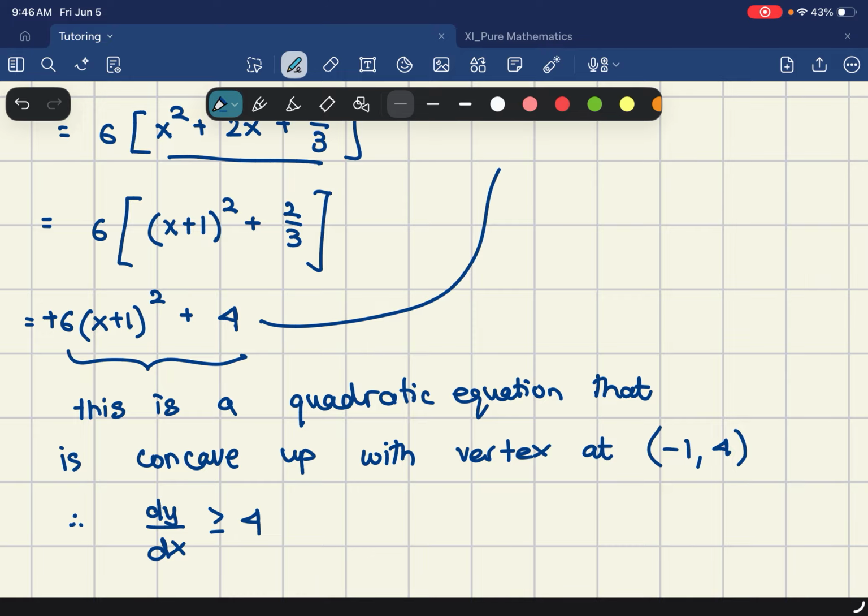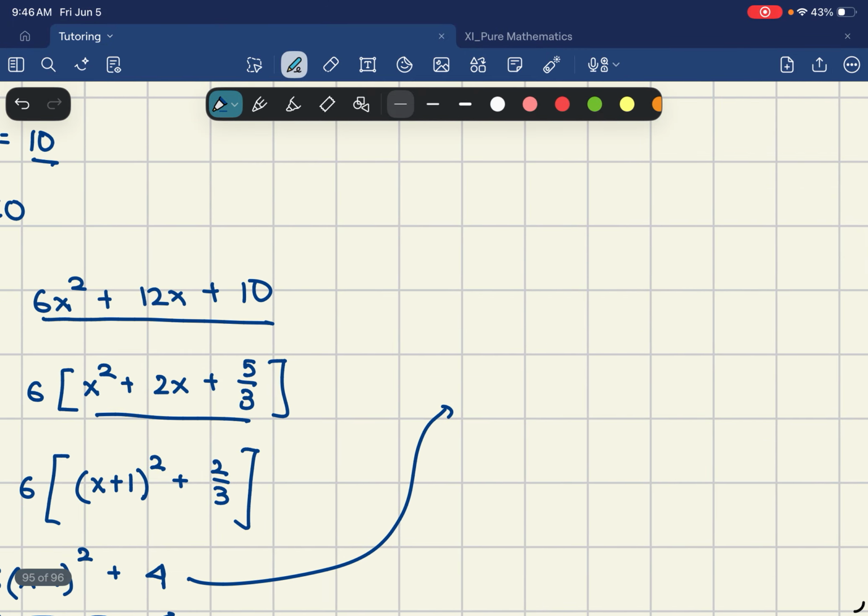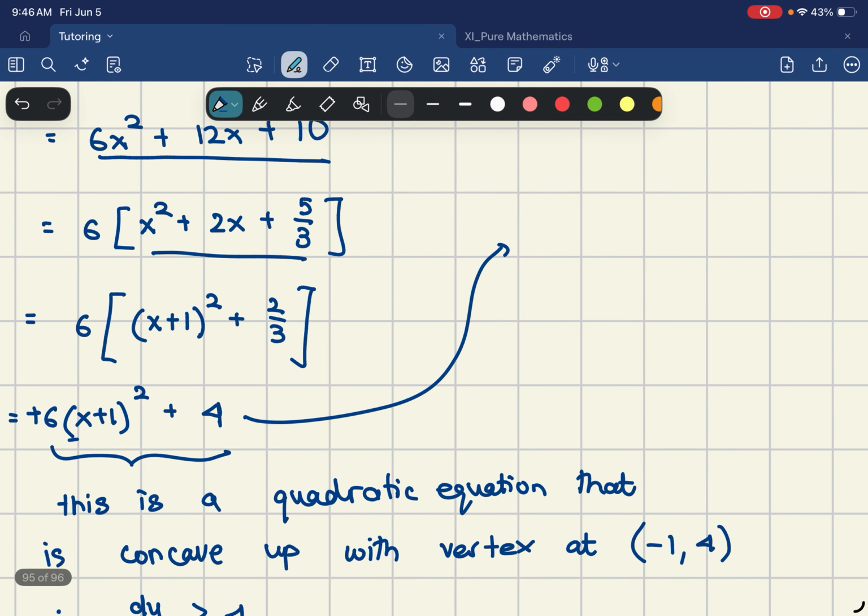Another way to reason this is, remember, when we talked about functions, we discussed that any square function, the function y squared, is bigger than or equal to 0. So this part has to be bigger than or equal to 0, right? Whatever thing you square, doesn't matter, x plus 1, y plus 1, z plus 1, x plus 3, z minus 3, whatever, if you square it, it has to be bigger than or equal to 0 regardless of what x you put in.